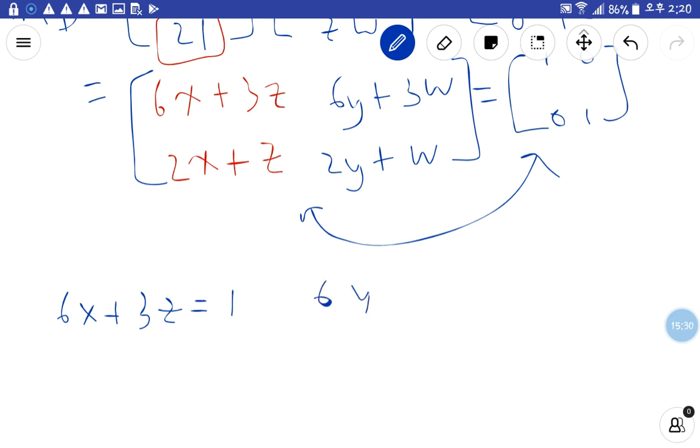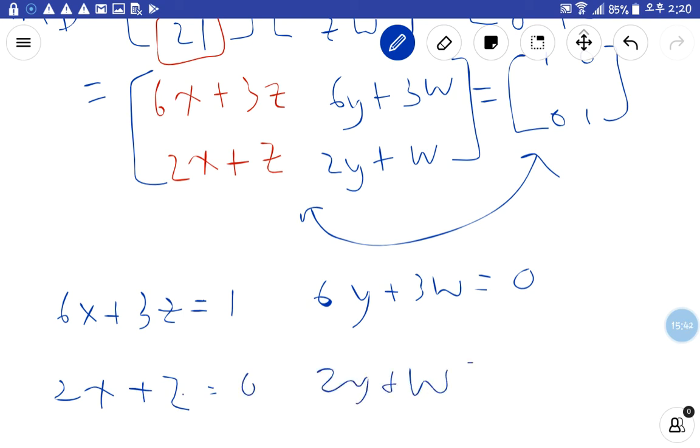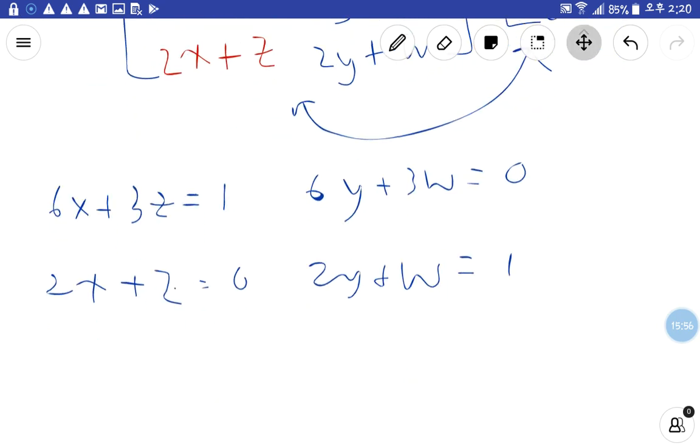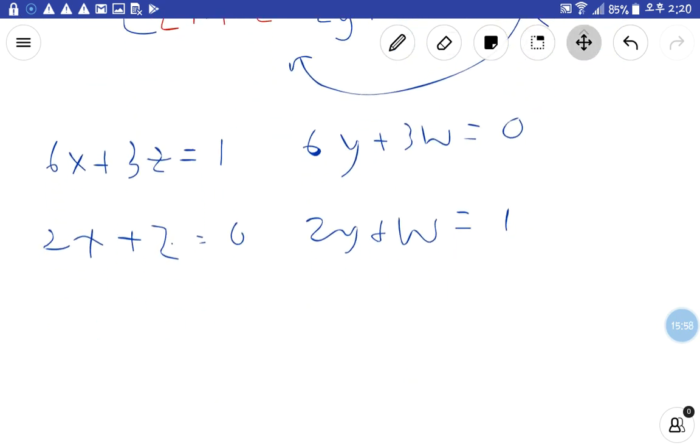And 6y plus 3w equals 0. 2x plus z equals 0. And 2y plus w equals 1. So I can rewrite my matrix into the system. Okay, now I'm going to try to solve those to find the specific x, y, z, w.